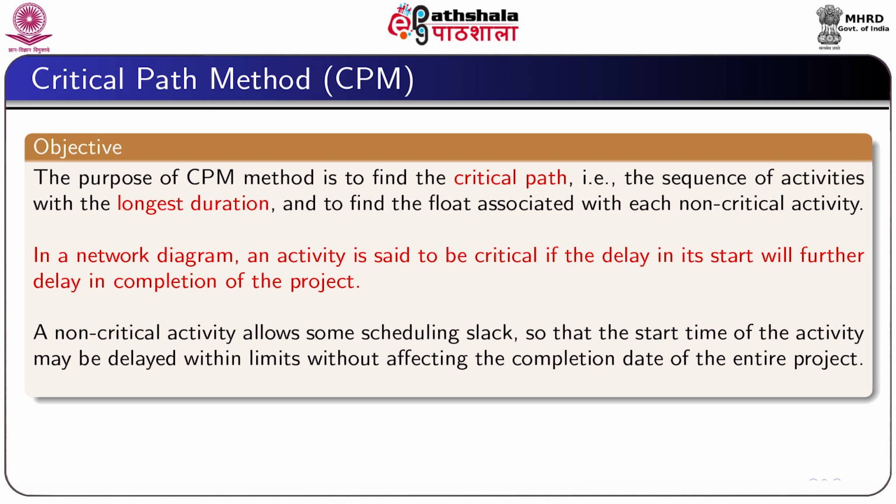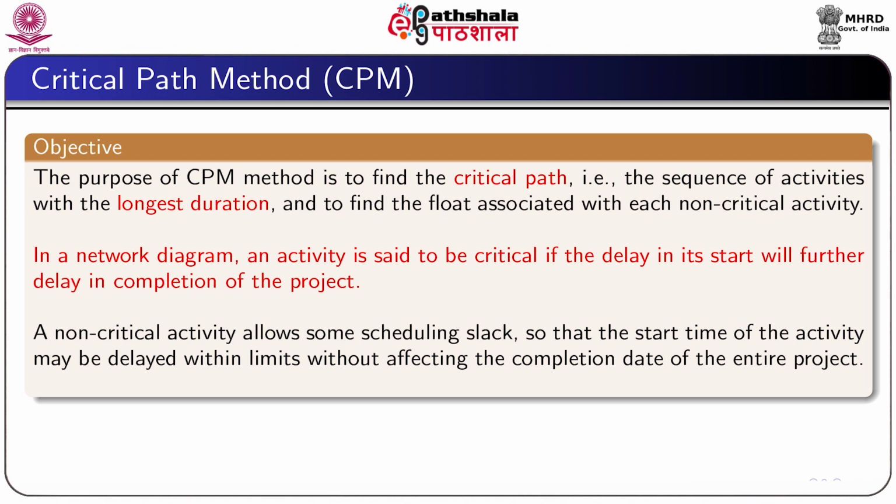repetitive nature. The primary objective of the CPM method is to find the critical path, that is the sequence of activities with the longest duration, and to find the float associated with each non-critical activity.